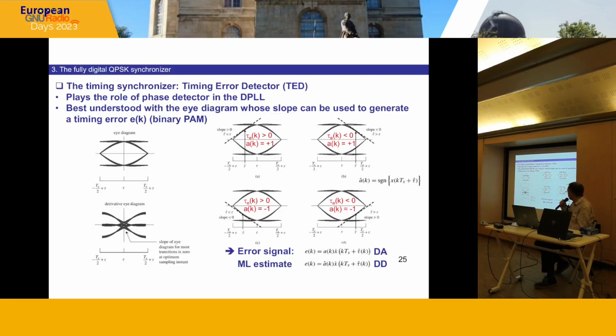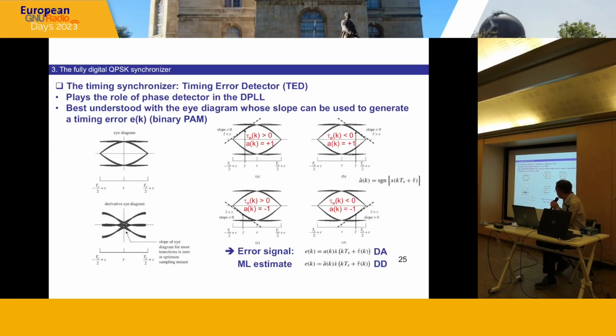So in fact, it's a superposition of all your data. So it's difficult to see the transitions from, for example, a -1 to a +1, and that's probably the difficulty. But what we can see on the left is that the optimum sampling instant for your timing synchronizer is to take the time tau here, that is exactly at the place where the eye is opened at the maximum.